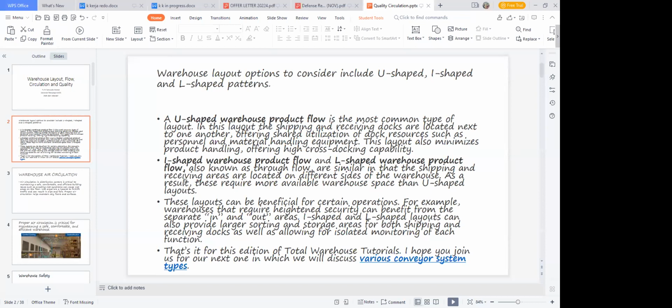And an L-shape is like a flow of a drain. The shipping and receiving areas are located on different sides, so the transportation just moves in one way, call it a one-way flow. As a result, this requires more warehouse space than the U-shape, because maybe we need another separate dock, maybe in a different building sometimes.